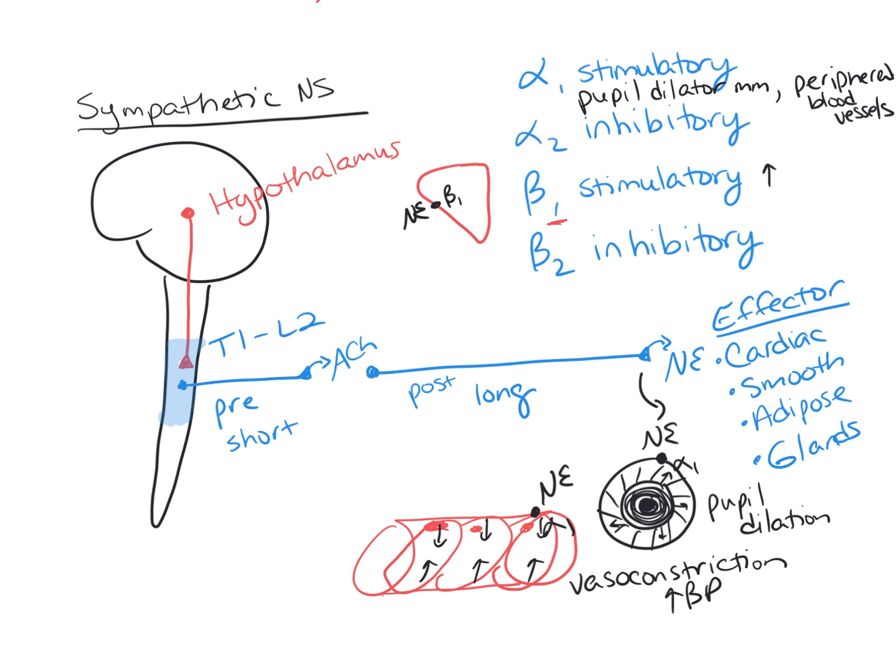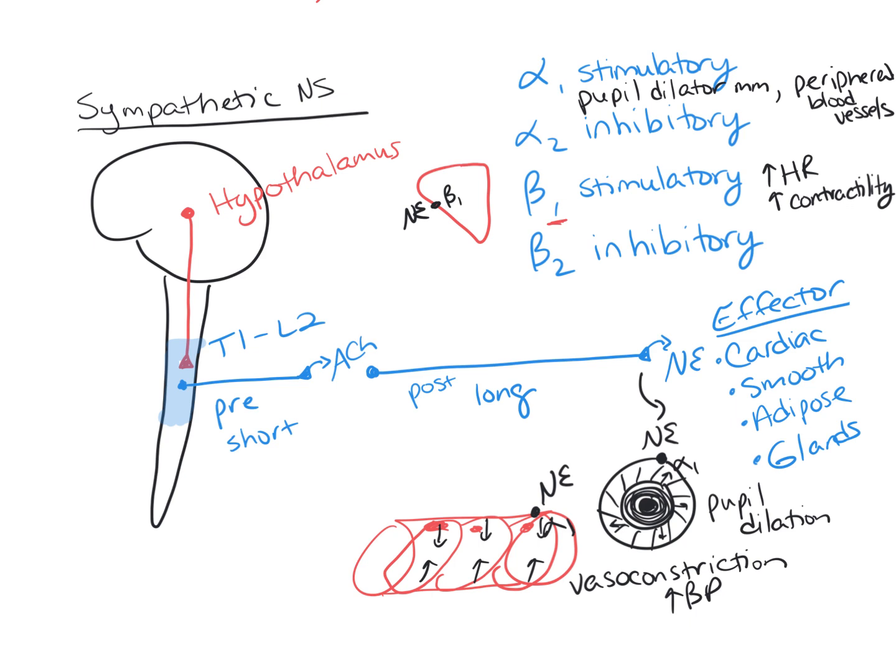So we get an increase in heart rate, and we'll get an increase in contractility, which means the heart's going to beat stronger. So it beats stronger and it beats faster. So that's one area that I want you to remember, that the beta-1 receptor is on the heart.